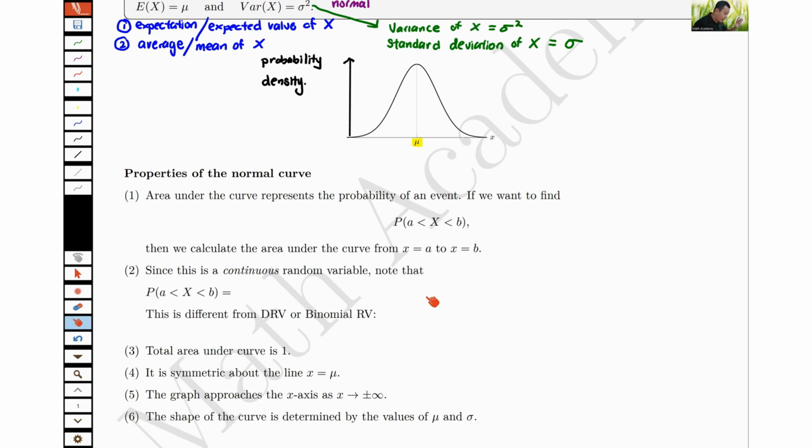Now, the higher you are, the greater the chance of that x value occurring. But to get that chance, we are going to look at something called area. Area under a particular region will represent the probability of your event. So for example, if I want to find the probability to be between A and B, we will mark out on the diagram where your A and B are.